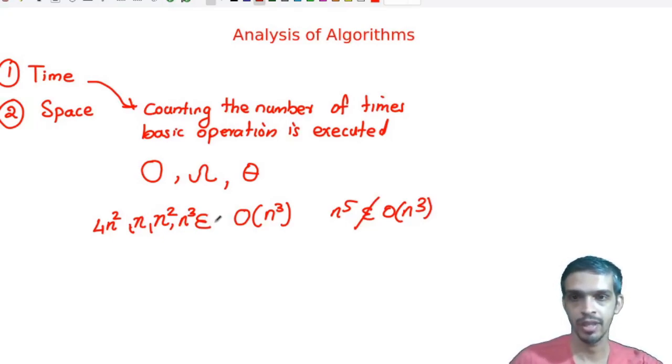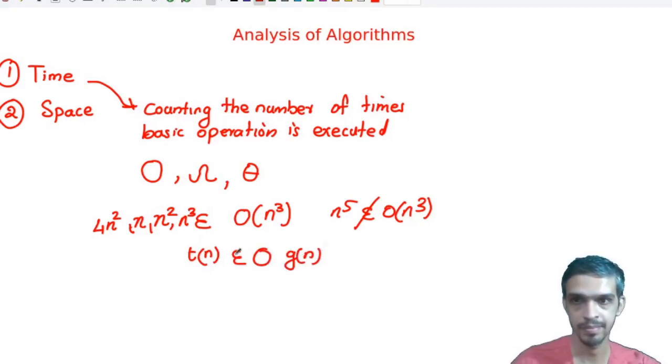A function t of n is said to be in O of g of n, denoted by t of n element of O of g of n, if t of n is bounded above by some constant multiple of g of n for all large n.